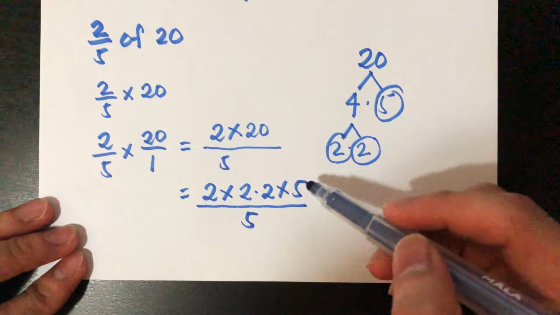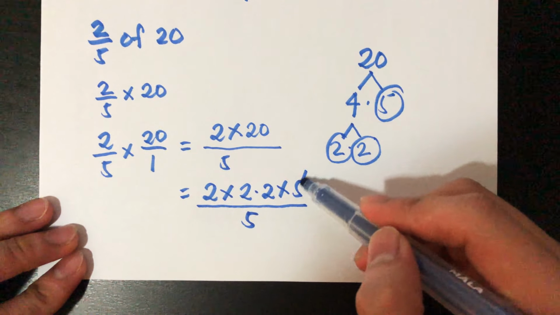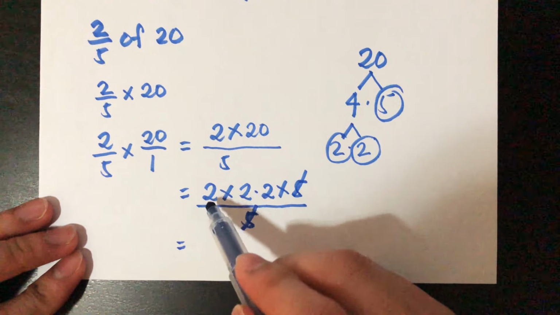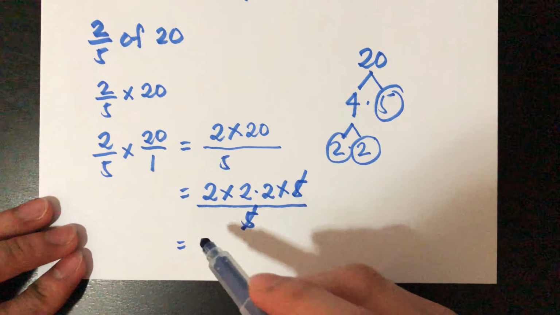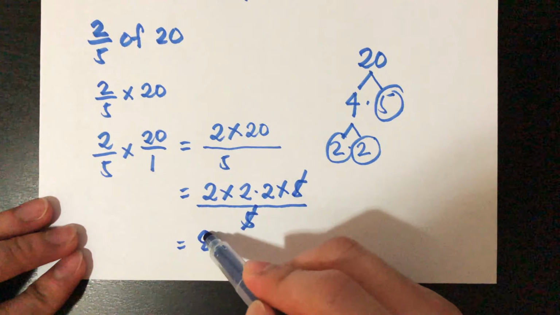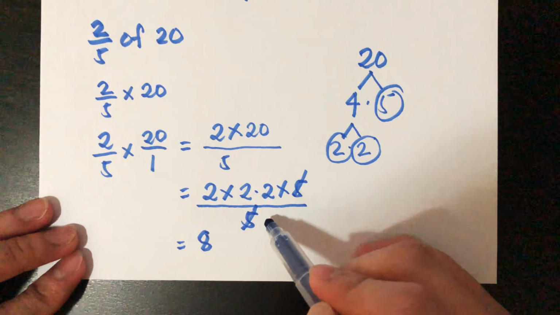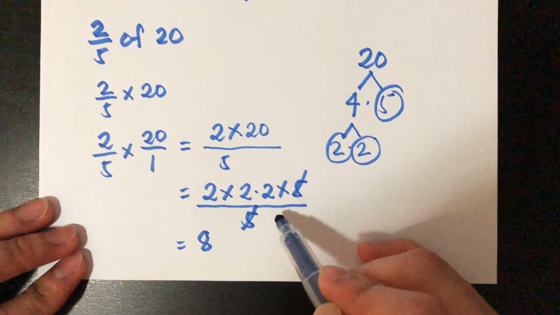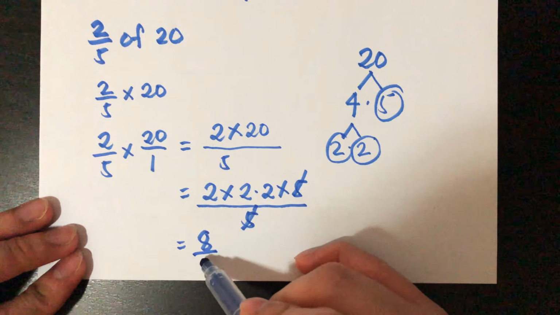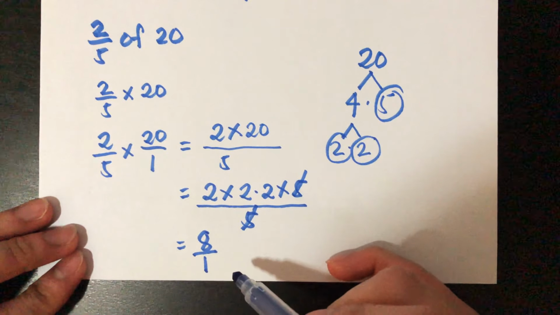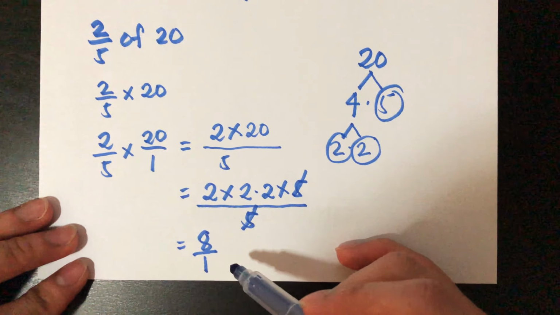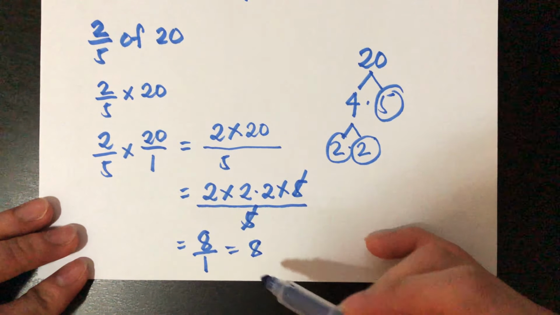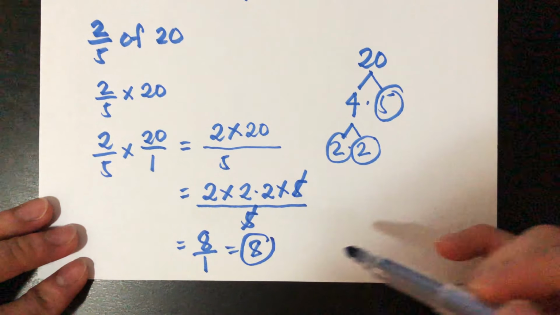Okay, now cancel the common factors, which is 5. So the answer now is 2 times 2 times 2, it's 8. Okay, now in the denominator, there's no number remaining, so this is over 1. Again, any number with a denominator of 1 is the number itself. So the answer here is 8.